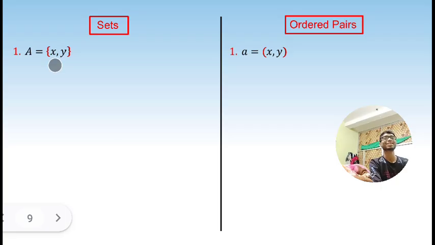For representing a set we use curly brackets, but for an ordered pair we use parentheses. And here A is a set.